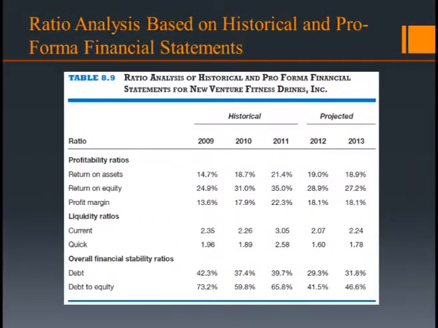This is an example on how historical data has been used to compare performance with the projected performance. By looking to these financial ratios, the firm can measure its performance and know whether it's meeting the target or not.